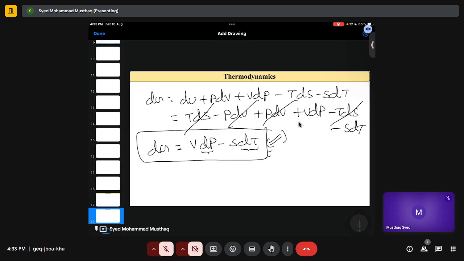You just need a thermocouple or a thermometer. Right? And for pressure you just need a pressure gauge. That's all. So that's why we use this equation mostly. Because the independent terms which define the free energy of a system are pressure and temperature. So if you know the pressure and temperature, you can easily find the free energy of any reaction or any system. So that's why we heavily depend upon this equation.